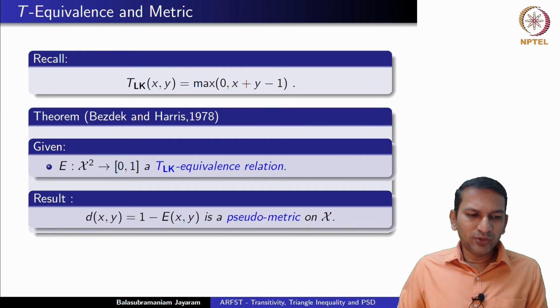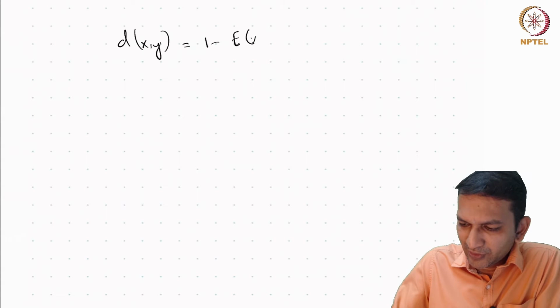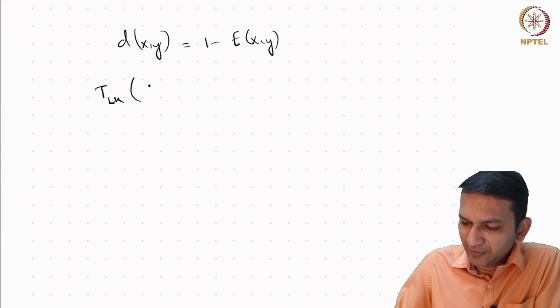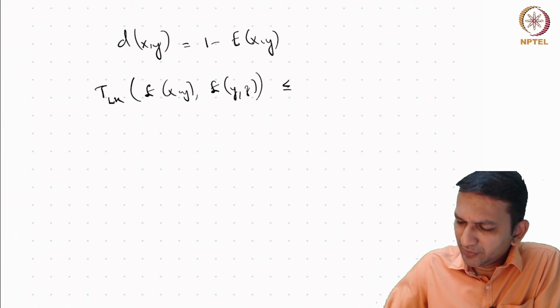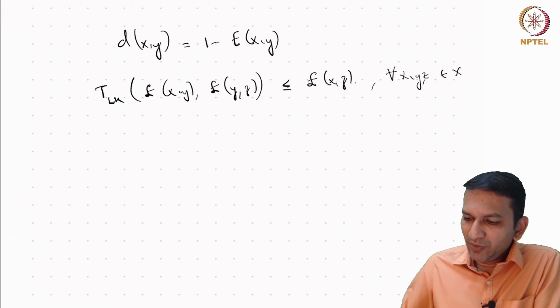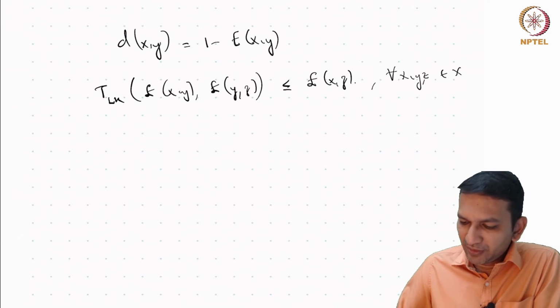Now, how do we show this? Remember, we have defined d as 1 minus e of xy. We also know E satisfies T_LK transitivity. That means T_LK of e(x,y), e(y,z) is less than or equal to e(x,z), for all tuples x, y, z coming from X. Now what we need to prove is that this d is a pseudo-metric.